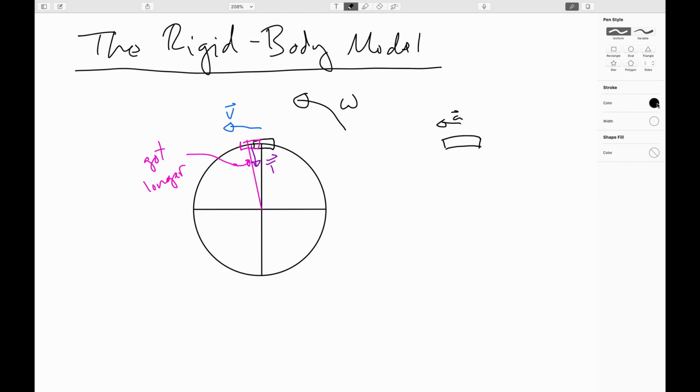Here, let me draw it in a different color. We end up having the bike spoke being deflected a bit like that. So here, let me just continue it out. This is compared to if we were just rotating at a constant speed, where it would be straight, although lengthened.